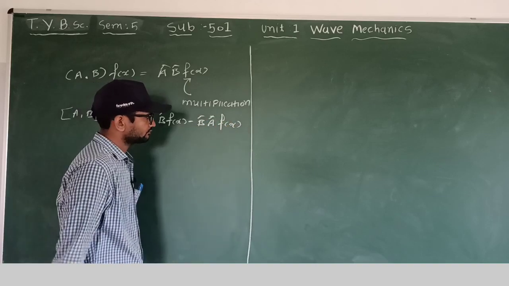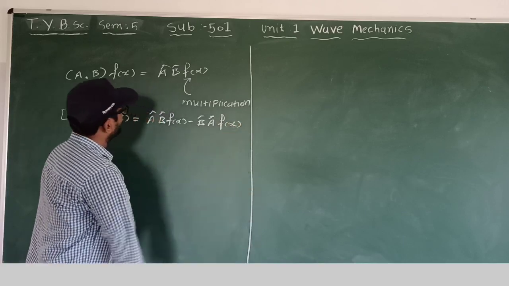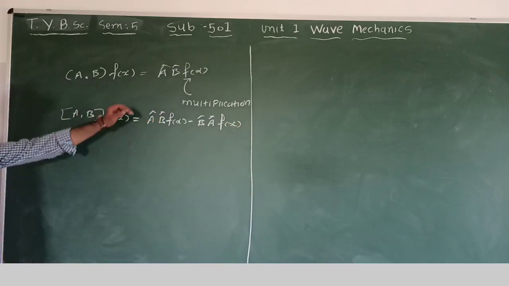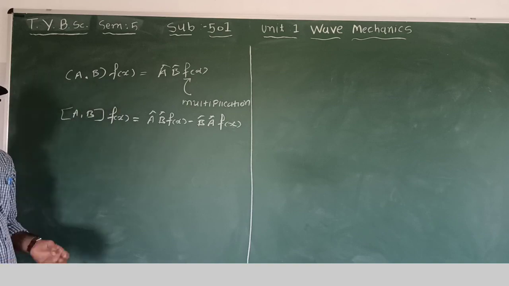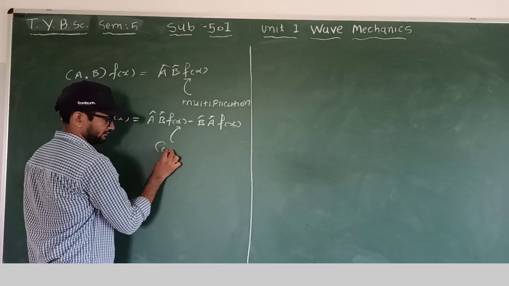So what is the basic difference between multiplication and commutator operator? This is the commutator operator.